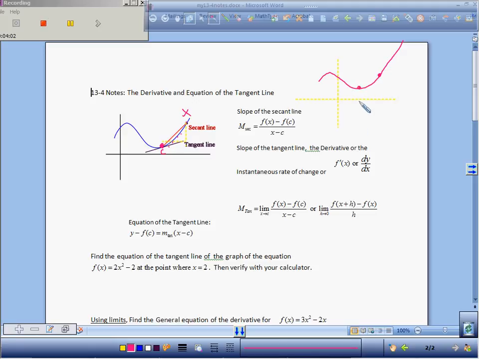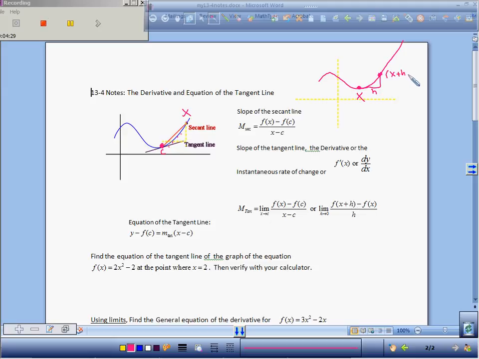I'm going to call this point x. If I were to draw a little triangle right here, and this distance is h, then what would be the x coordinate of this point? If this is x, this would be x plus h, right?